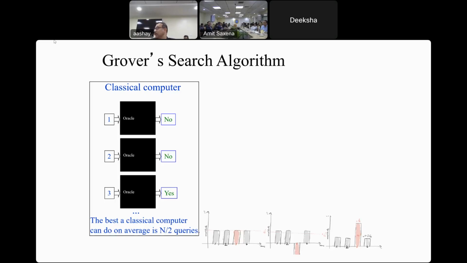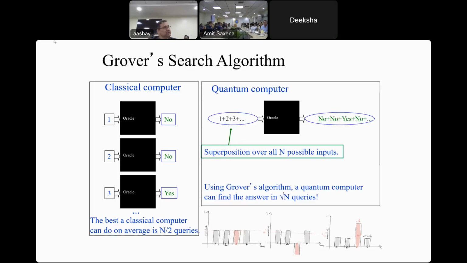Now what does quantum do? In quantum, the entire data can be superposed and passed to the oracle in one go, because we have already seen functional parallelism in the toy example. So I generate the entire data space as a superposition of log n qubits.